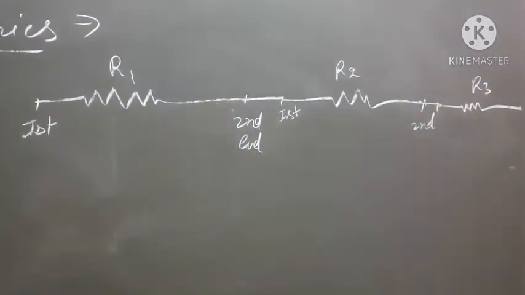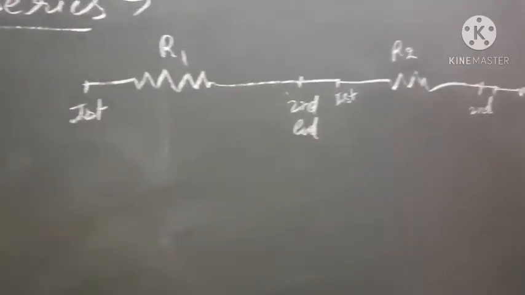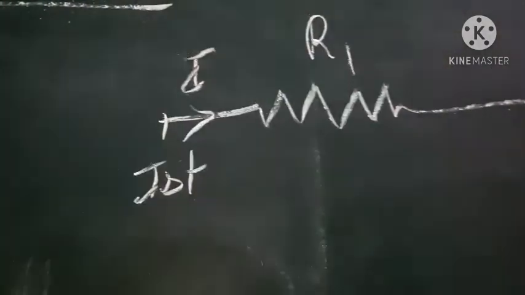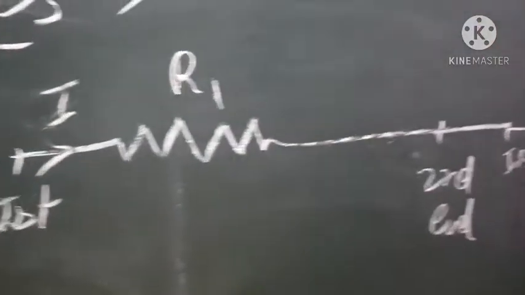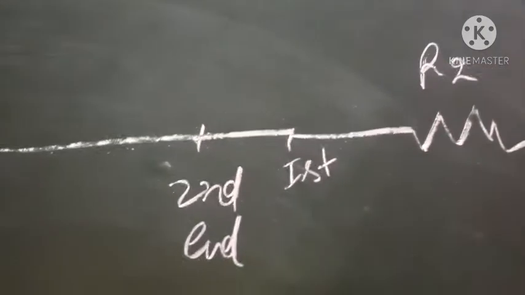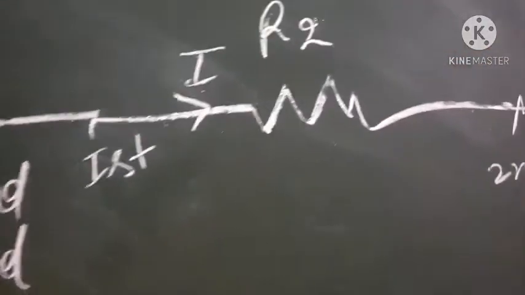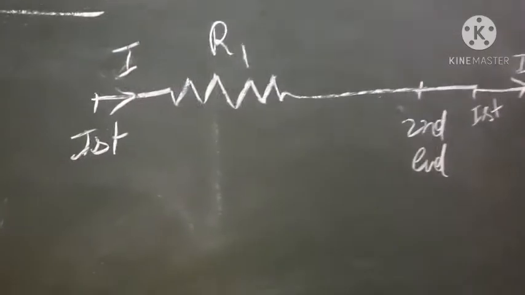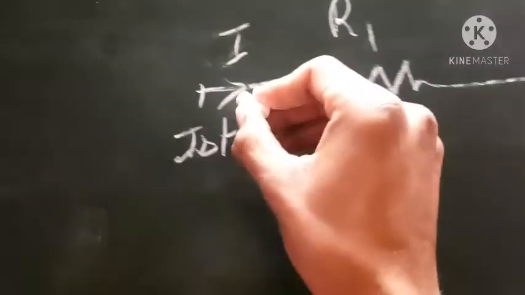In these three resistors the current will be the same. That means if current I is passing through R1, then the same amount of current I is passing through R2 and the same will pass through R3. But the potential difference of every resistor will be different.